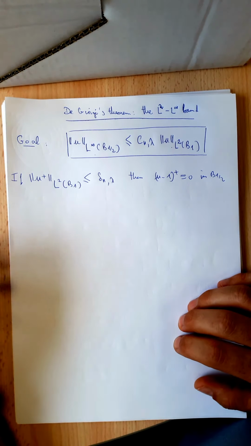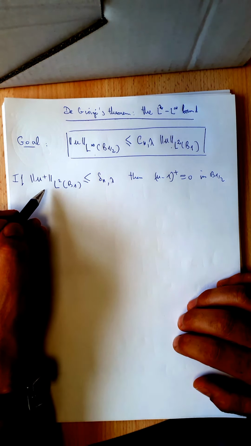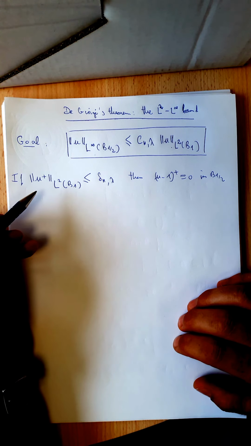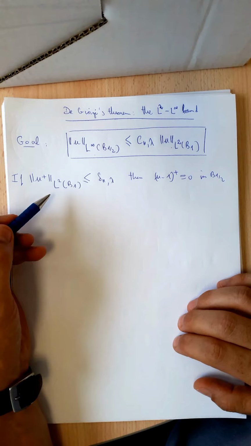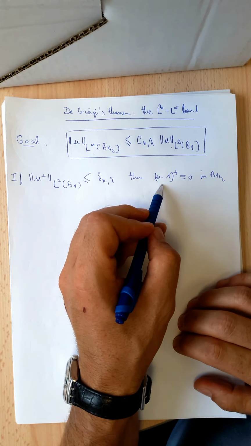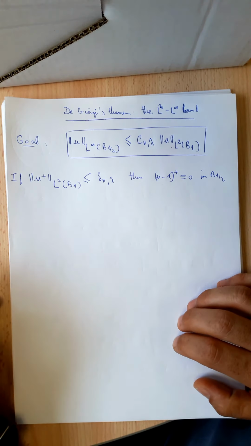So this is sort of a quantitative version of the maximum principle, in that u is most of the time in some L2 sense bounded below 0. And the conclusion is that it has to stay also in the sup norm sense bounded below 1.